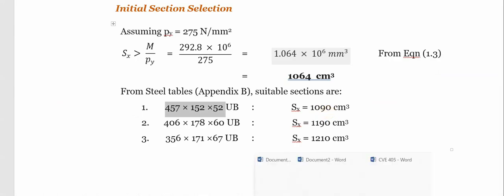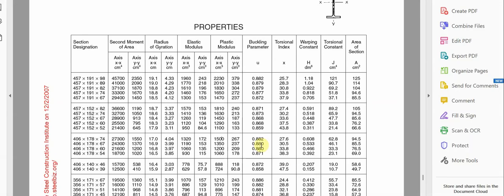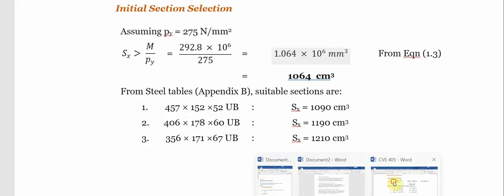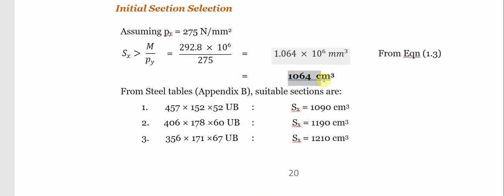I don't know whether this is the latest table I'm using, but the old one I have is 1090. So I'm selecting something that is higher than the initial 1064 that I have. I can't take anything less than this, so we can take either this or this.